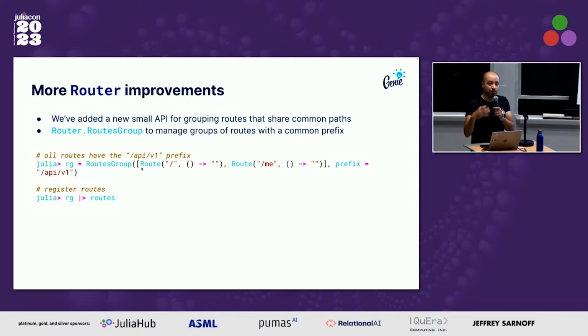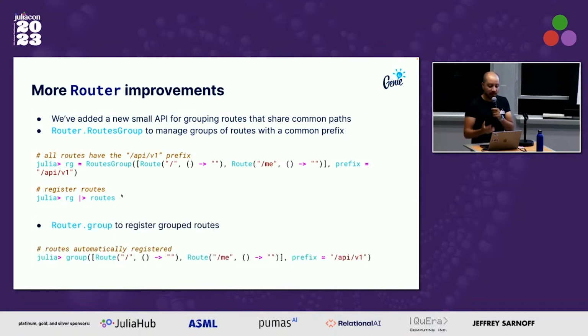All of them will be grouped together in an object, and then we can register all of them at once by calling the routes function. In the same line, we have also introduced a new group function, which will take as an argument a list of routes with a specific prefix, and then this will automatically declare all of these routes with a given prefix.